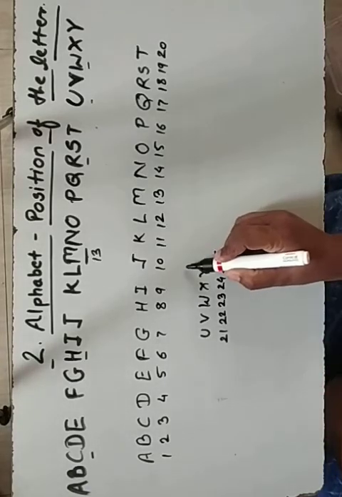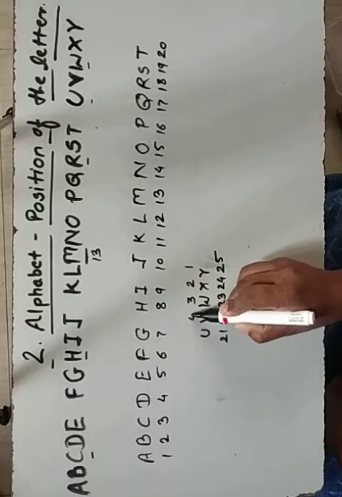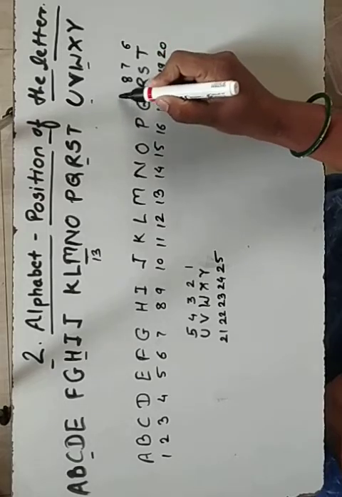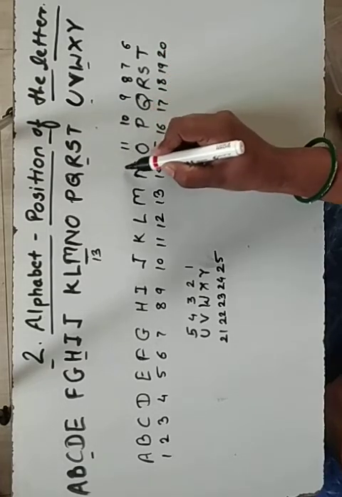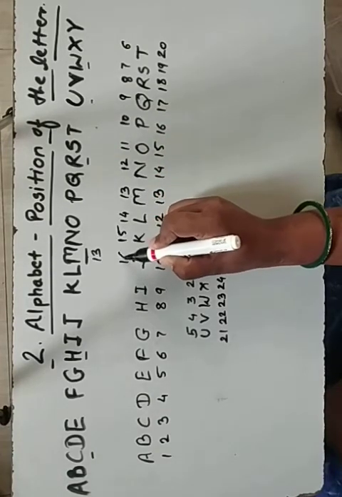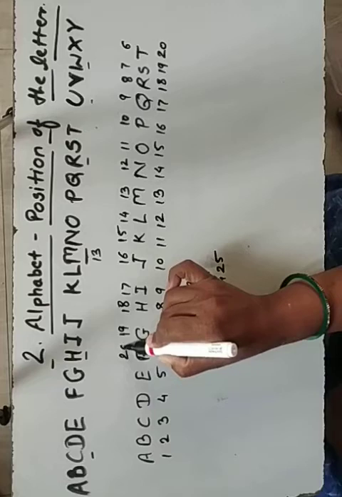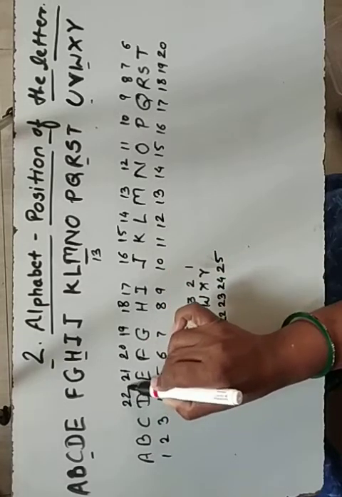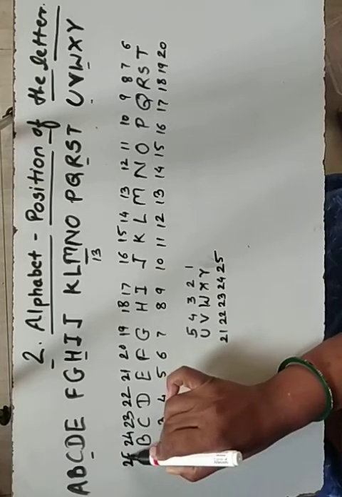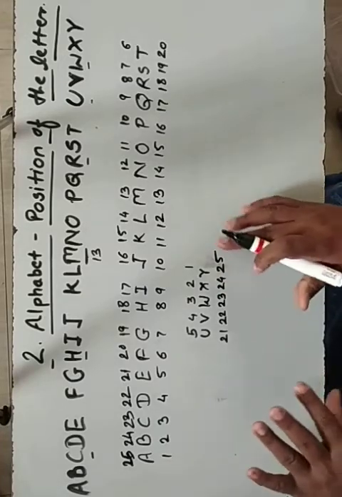So when we are writing from the right, Y will come at first position, X will come at second, W third, 4, 5, 6, 7, 8, 9, 10, 11, 12, 13, 14, 15, 16, 17, 18, 19, 20, 21, 22, 23, 24, and this is 25. So in this way, this also we have to keep in mind, and by practice it will be perfect.